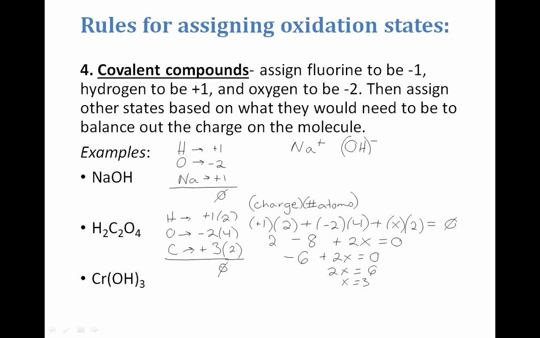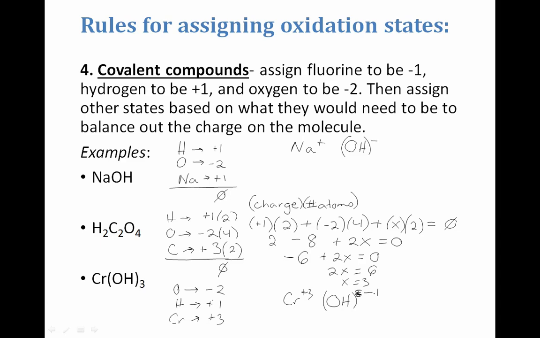Let's do the last one. Alright, so this one's helpful where I say, don't forget everything you ever learned. So we've got oxygen -2, hydrogen +1. So then chromium, what's chromium's charge? +3. How did I know that so fast? I could have done all the math like I did before, but I know that whenever chromium hydroxide dissociates, it's going to form chromium 3+ and hydroxide -1.